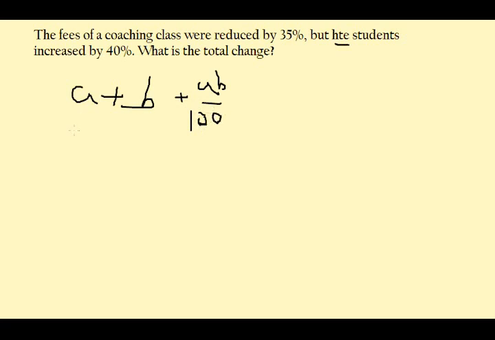Here A is 35%, but this value is reduced, so we put a negative sign here, remember this. And the second, the students increased by 40%, so there is an increment here, so we put plus 40.